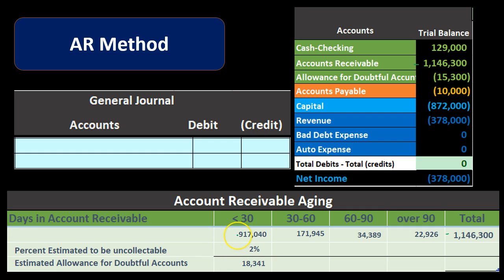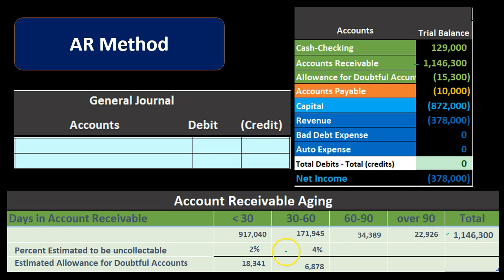So of that, the 917.40 times 2% is 18,341. Between the 60 and 90, these are a bit older, and therefore we're going to say that 4% is not collectible because we haven't been able to collect it yet. We're past the due date, and therefore we're going to say that 6,878 is not collectible.